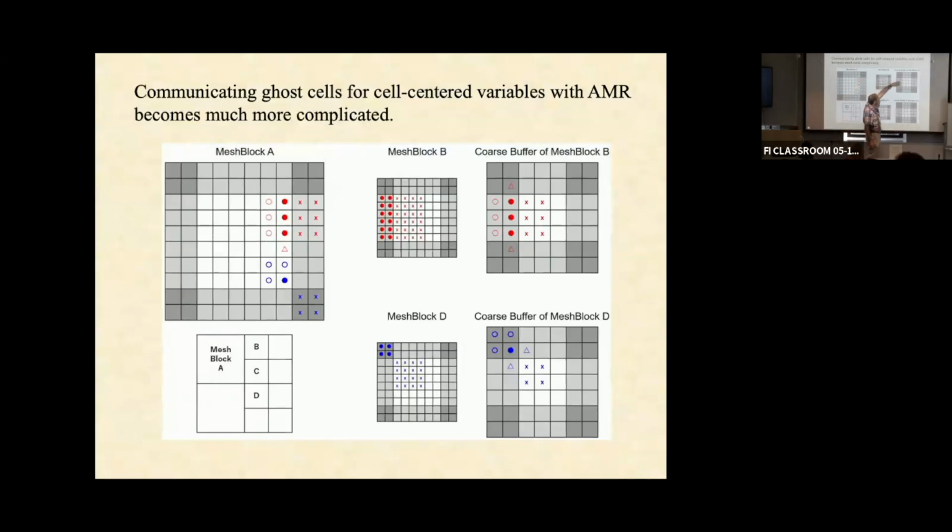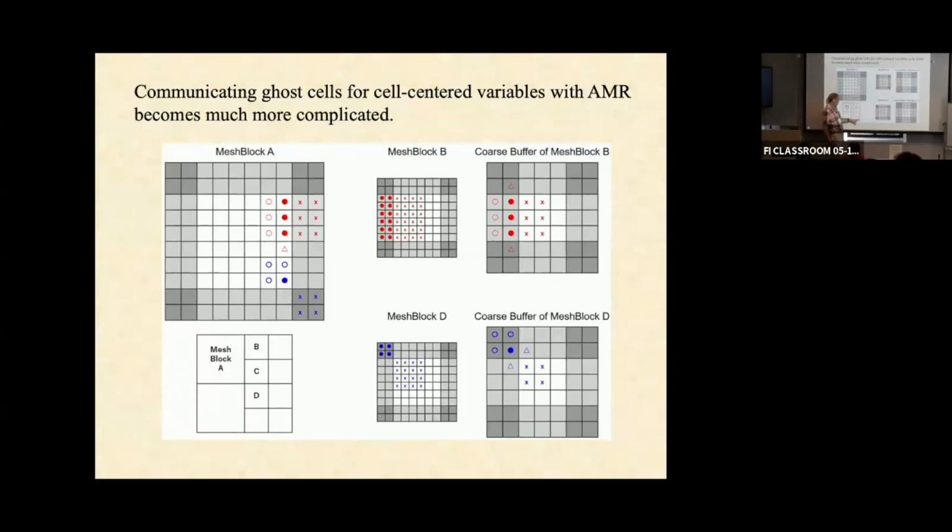You're going to need these two triangle cells here, because ultimately you're going to have to prolongate these three cells into these blocks here, which are the actual ghost cells at the fine resolution of mesh block B. And so you've got to do this accounting where you make sure that you're loading all of the boundary buffers, including the neighboring at the coarse level, before you can do the prolongation properly.